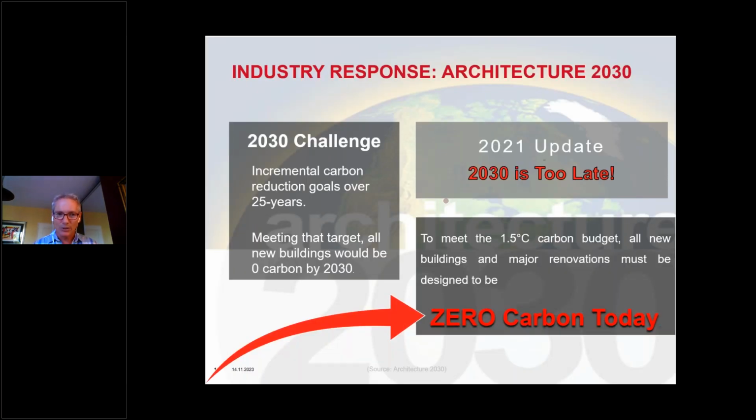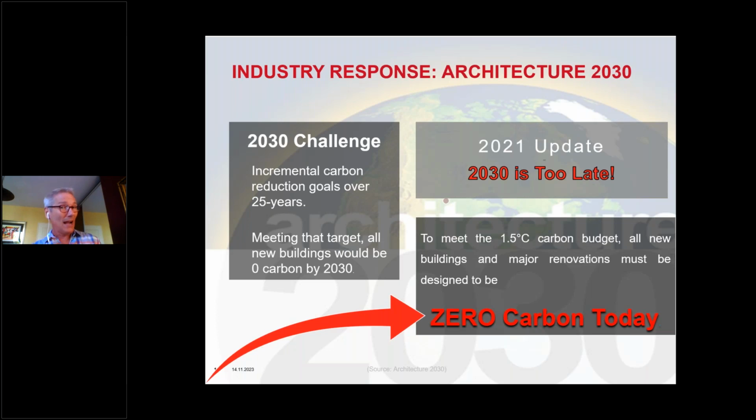And you may have heard of the 2030 Challenge that started back in the early 2000s. It's a group of people that started scratching their heads and thinking, this carbon thing's getting kind of crazy. Buildings are responsible for a lot of it. Let's try and have all new buildings be net zero energy in operation by the year 2030. If we do that, we think we can curb the amount of global warming that's going to go on.